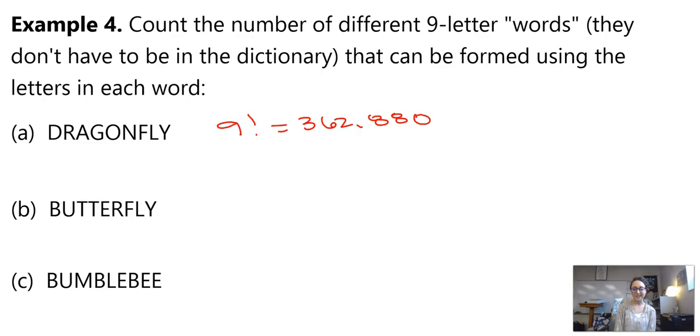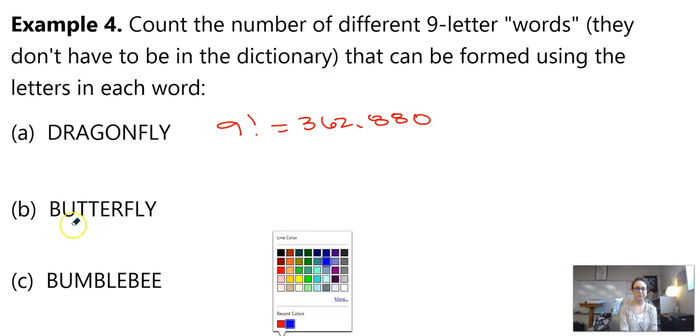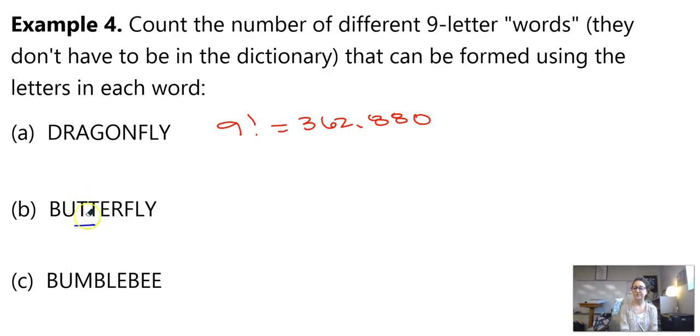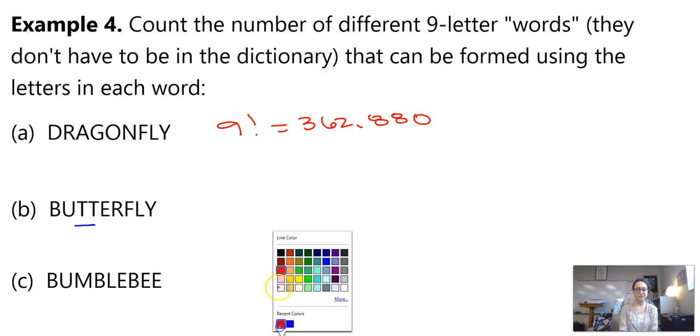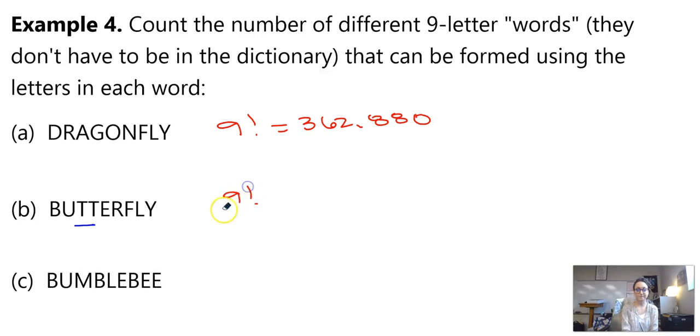All right, so for part B, I still want to rearrange these 9 letters. What do you notice is different about part B? Yeah, you've got this repeat. You've got T repeating once, right? It appears twice. So I'm still going to start with 9 factorial.